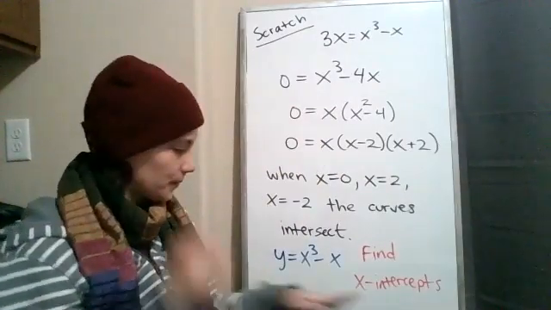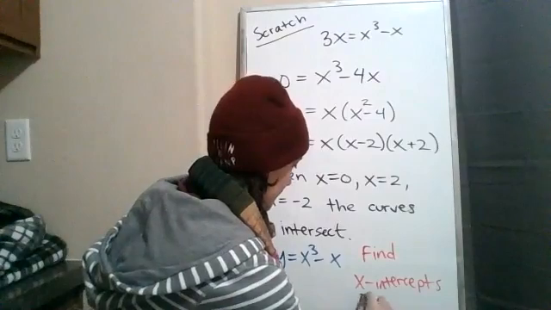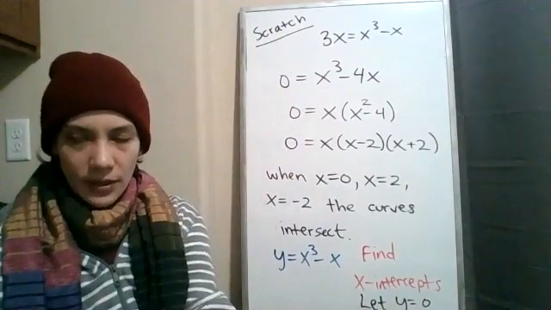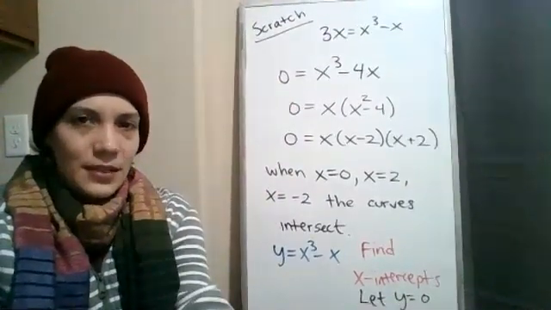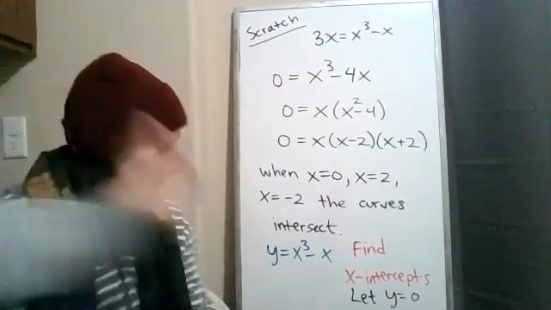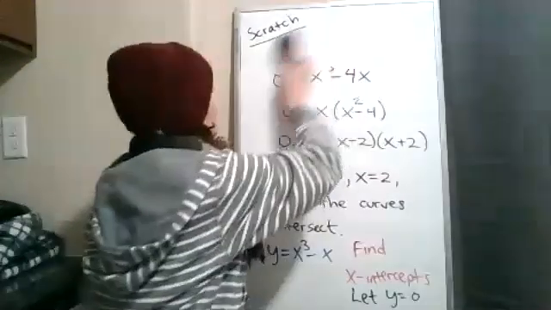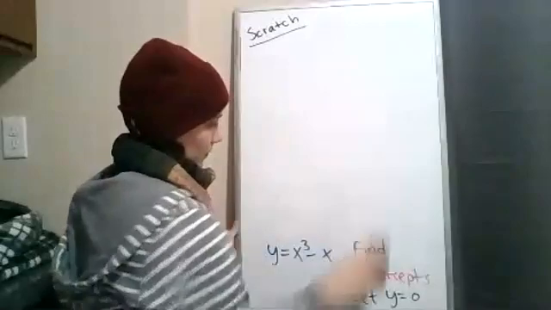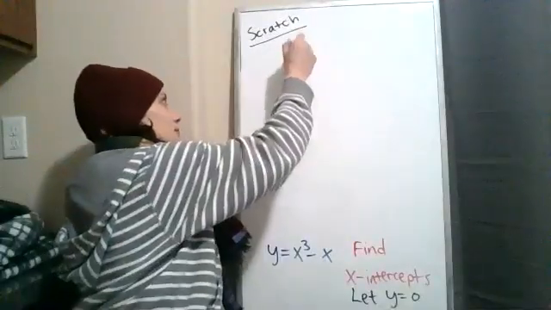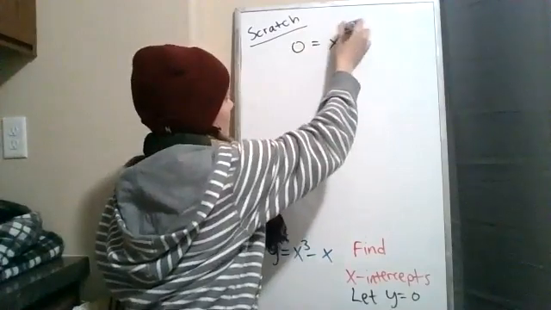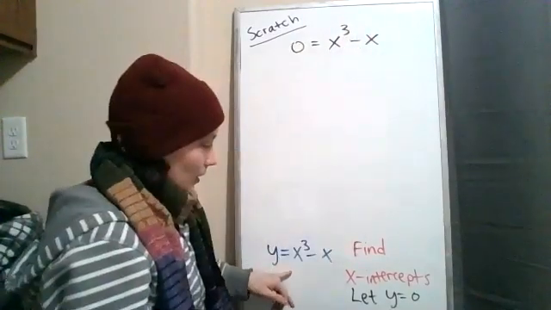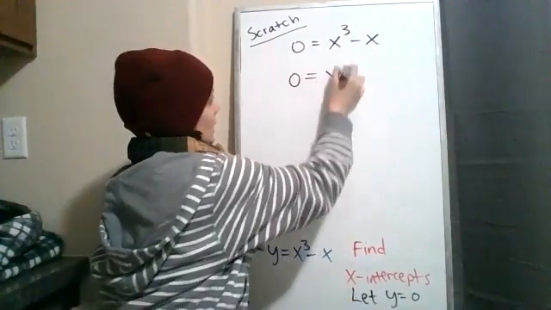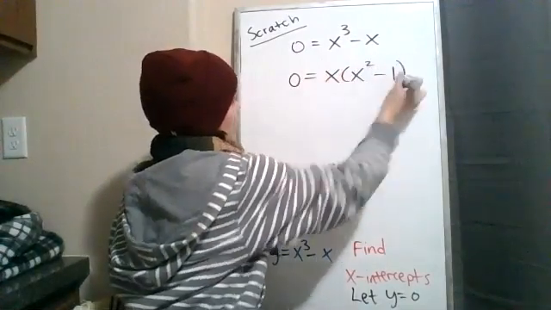So you let y equal 0 and then find out what those x values are. We're just going to factor: x times x squared minus 1. Okay, cool.